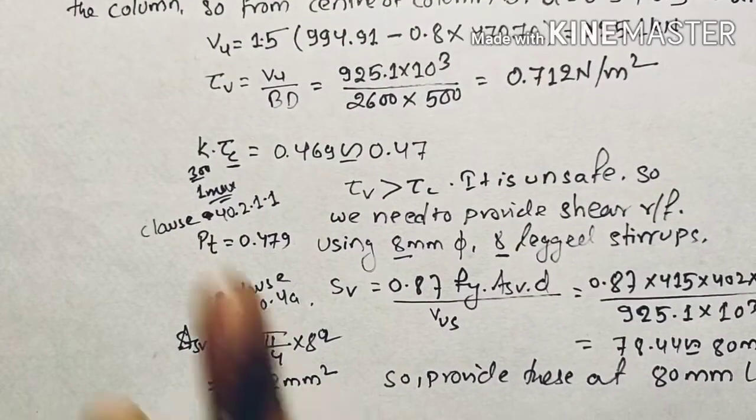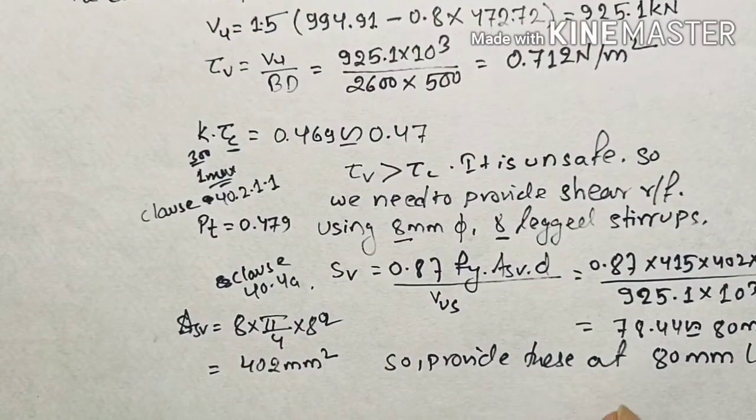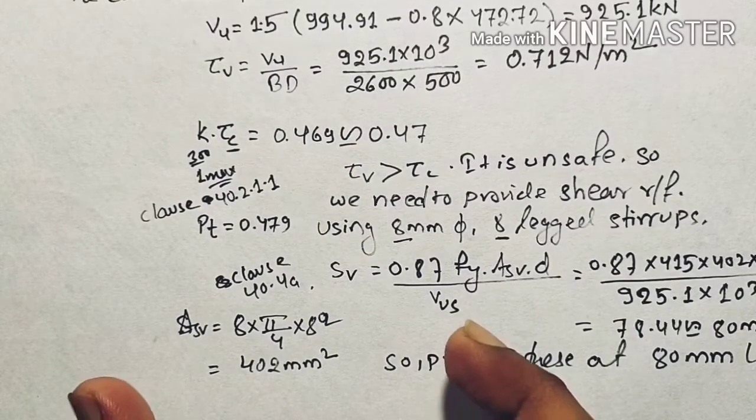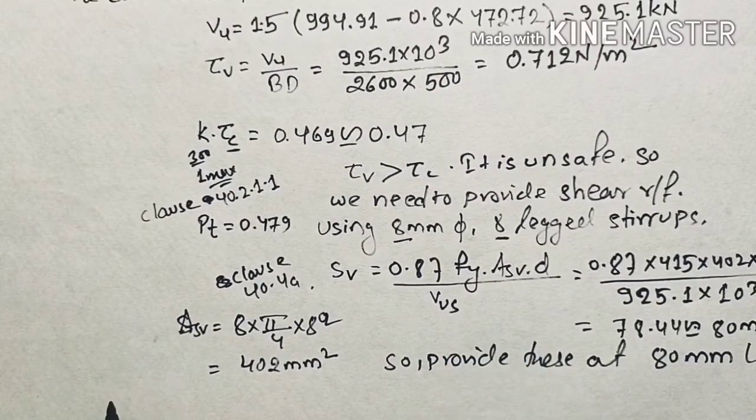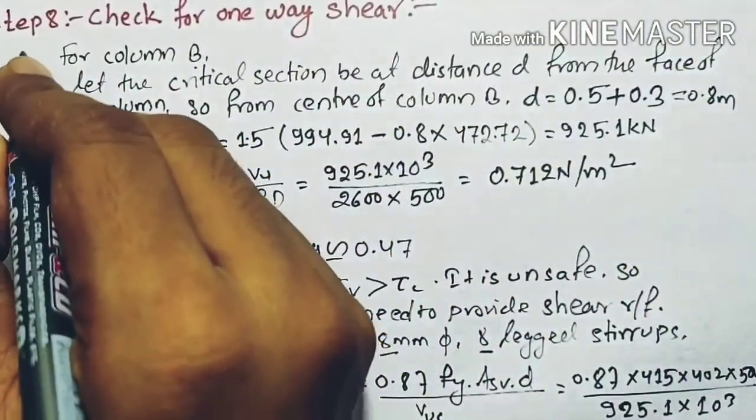Now this was the one-way shear for column B. Now we need to find the shear reinforcement for the distance between the column A and B. Let this be 1.